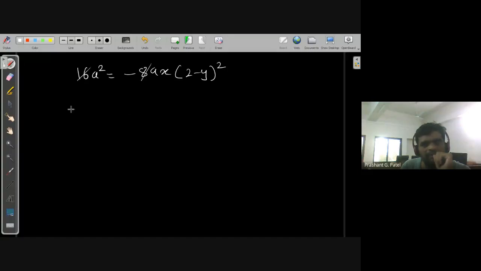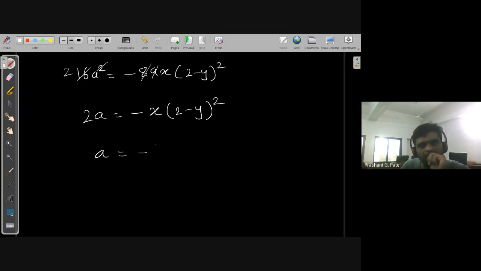This will get cancelled, one a is also cancelled. We'll be left with 2, so we'll have 2a is equal to this value, that is minus x (2 minus y) whole square. So the value of a we get finally is minus x by 2 into (2 minus y) square.